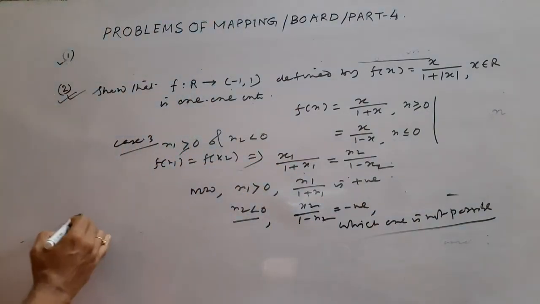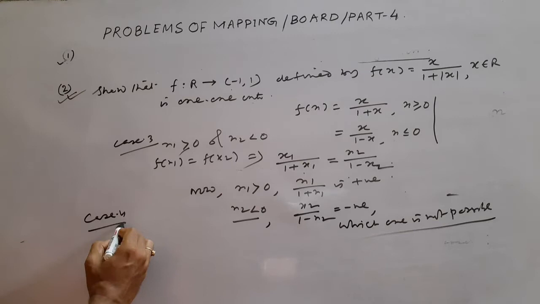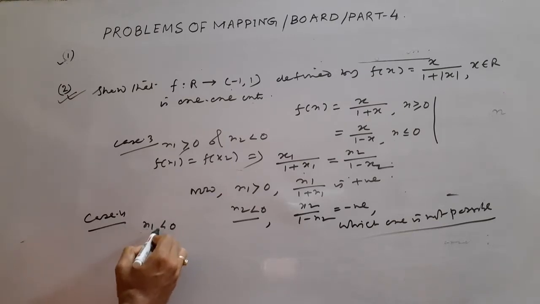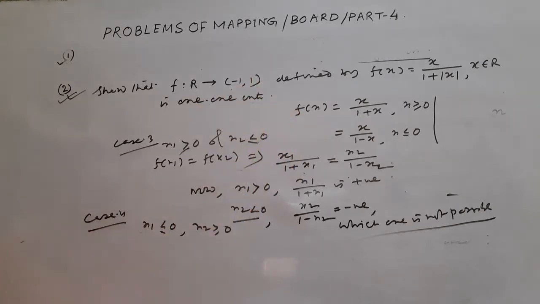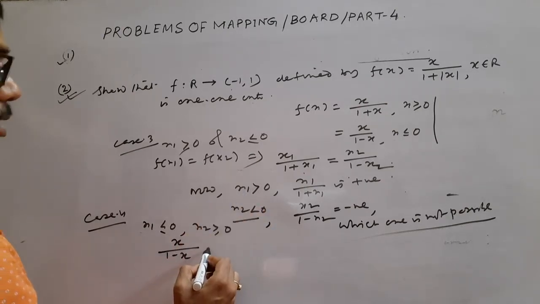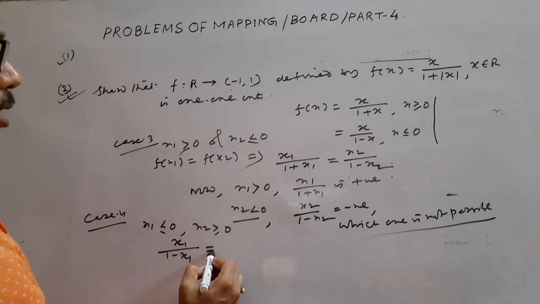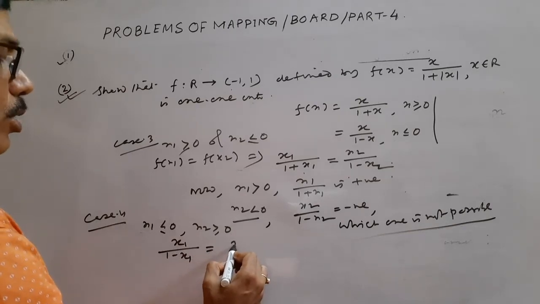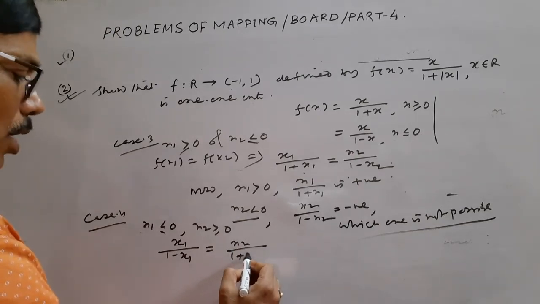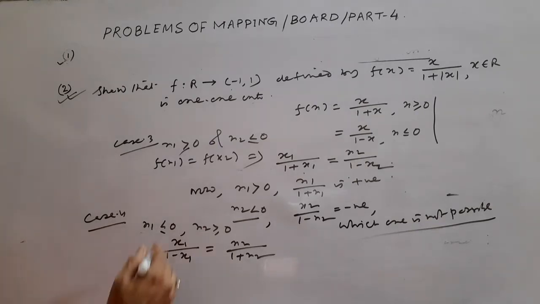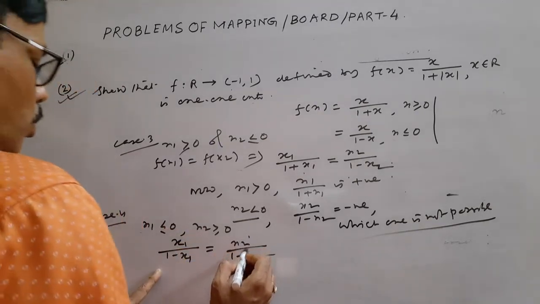Similarly for case 4: x1 less than 0, x2 greater than or equal to 0. You can take less than or equal to also. Then x1 by 1 minus x1 is negative, and x2 by 1 plus x2 is positive.